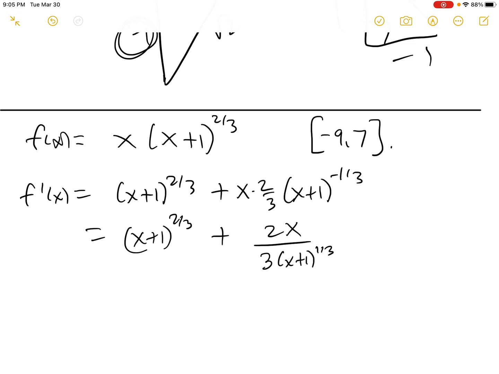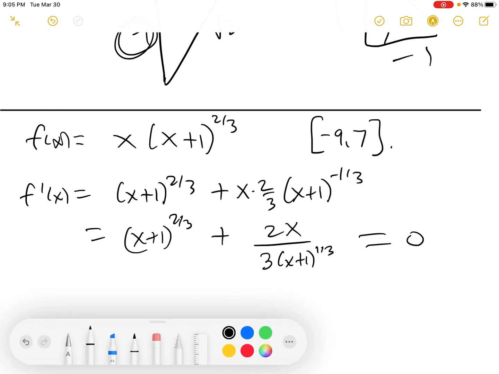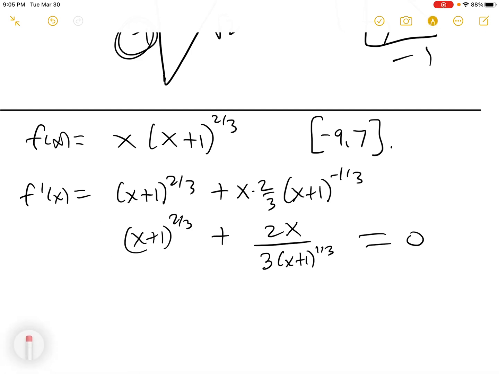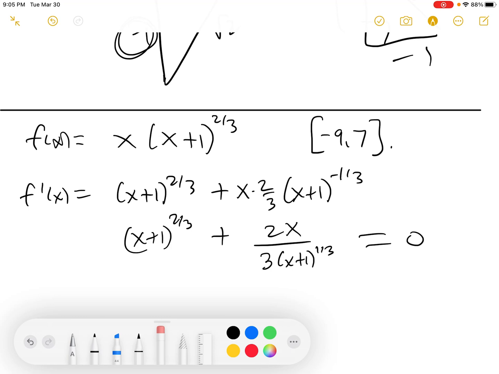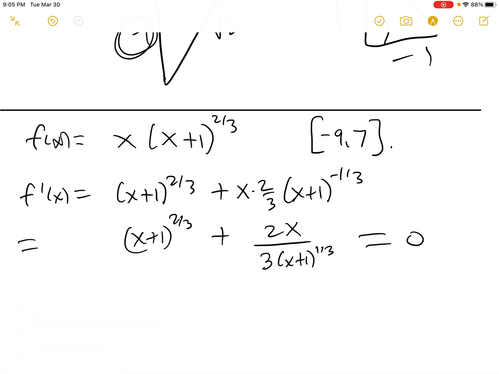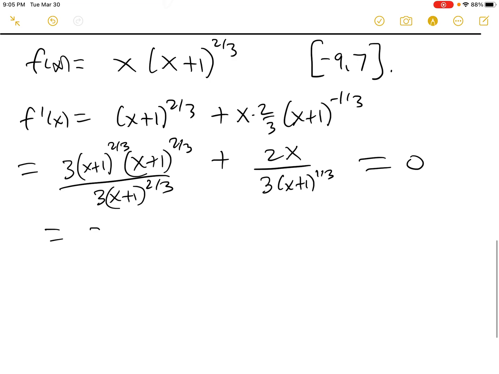All right, you're setting this equal to 0, and so what you want to do is find a common denominator. So just multiply it by 3. All right, and so this becomes 3.